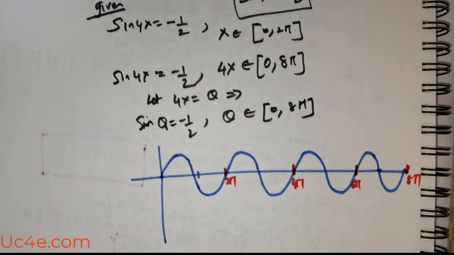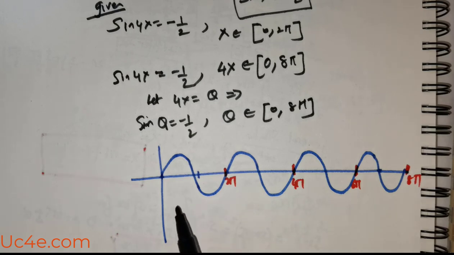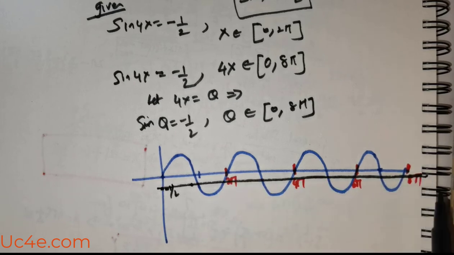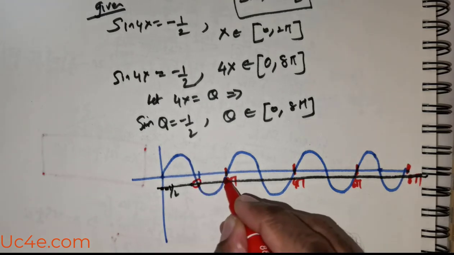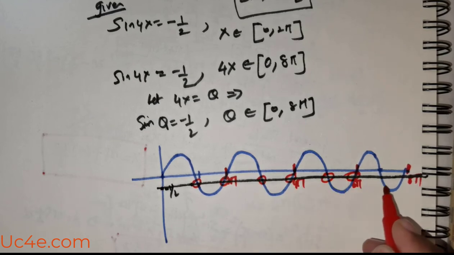Now let's draw y is equal to negative 1 over 2. So if this point is negative 1 over 2, if you were to draw the line, find the points of intersection. So we've got 1 here, 2, 3, 4, 5, 6, 7, 8.